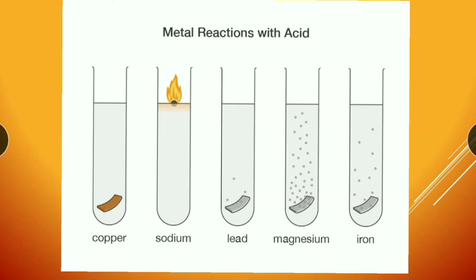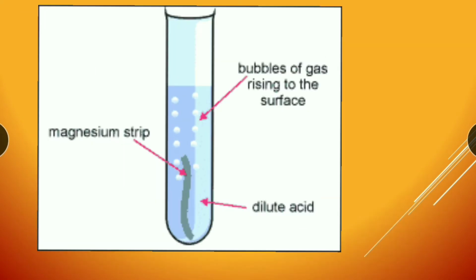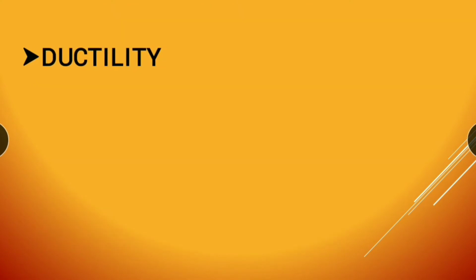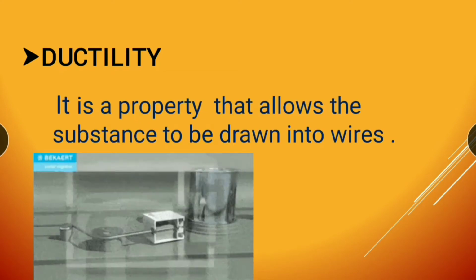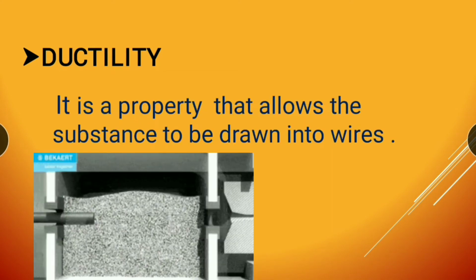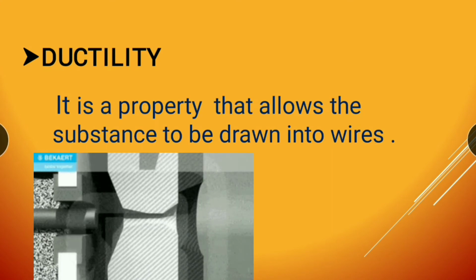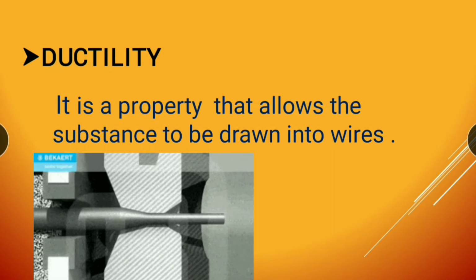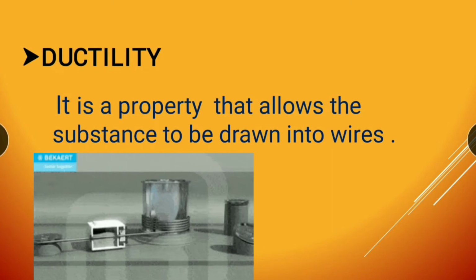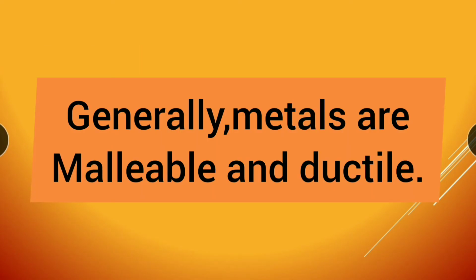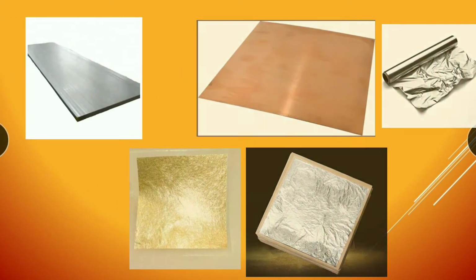Magnesium wire is also used in science experiments in the laboratory. Now, what is ductility then? The property which allows the metals to be drawn into wires is called ductility. Ductility is another characteristic property of metals. So, we come to know that generally metals are malleable and ductile.